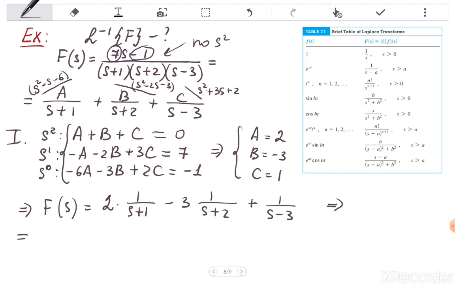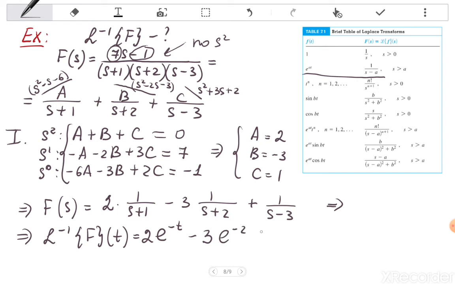And so the inverse Laplace transform of f at a point t is 2 times e, so we look at this line in the Laplace transform table, e to the power minus t, minus 3 e to the power minus 2t, and plus e to the power 3t. So this is the inverse Laplace transform.